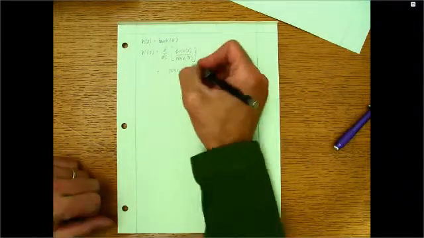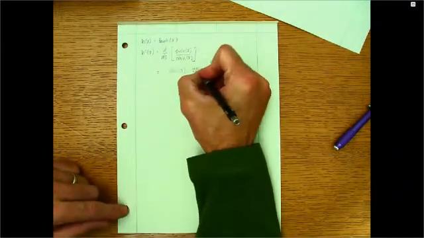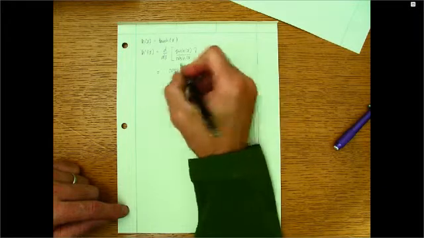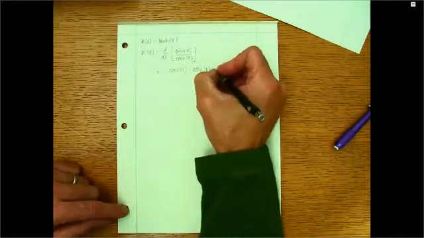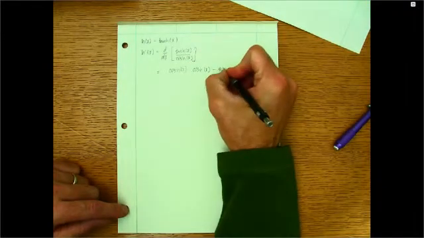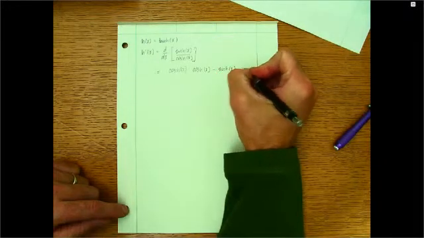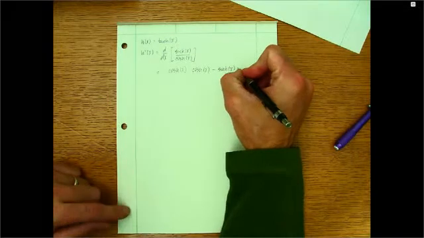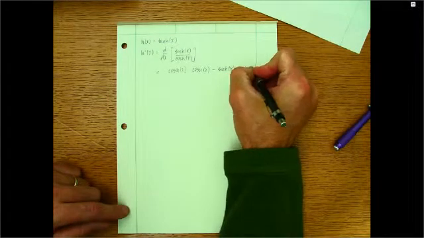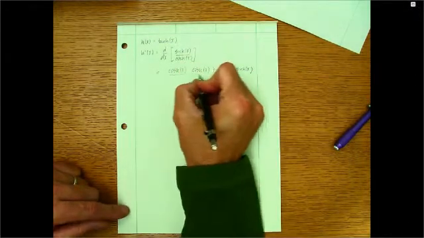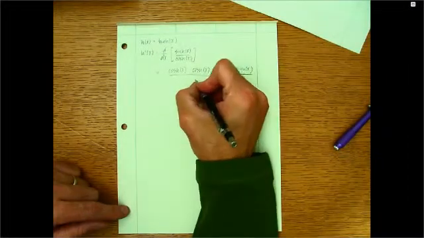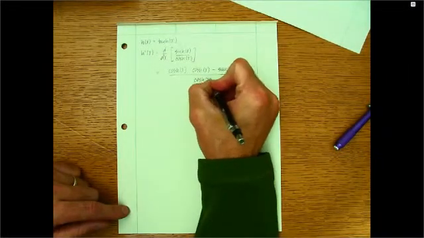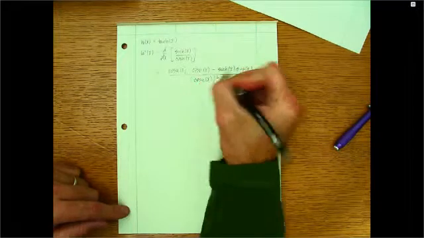Well, the derivative of the hyperbolic sine of x is the hyperbolic cosine of x, okay? So that's bottom times derivative of top. And then I would subtract the top, the hyperbolic sine of x, times the derivative of the bottom. Well, the derivative of the hyperbolic cosine is, of course, the hyperbolic sine of x. And then that would be all over the bottom, the hyperbolic cosine of x, quantity squared, right?